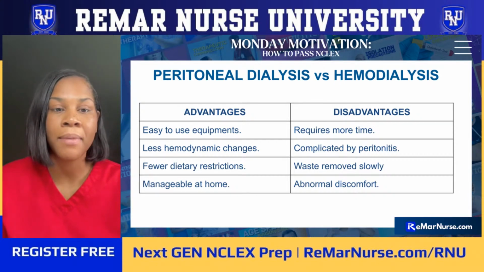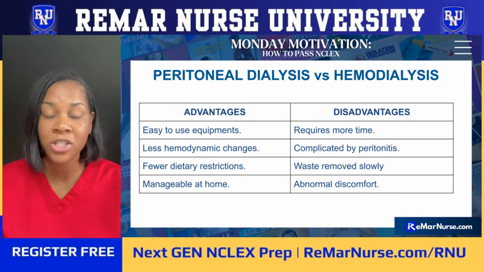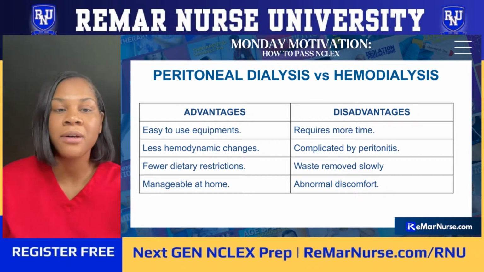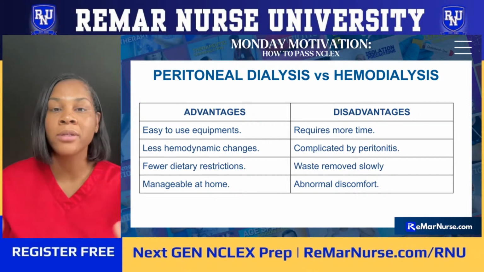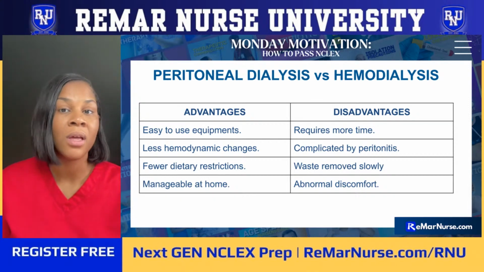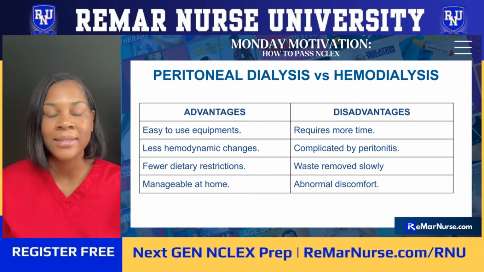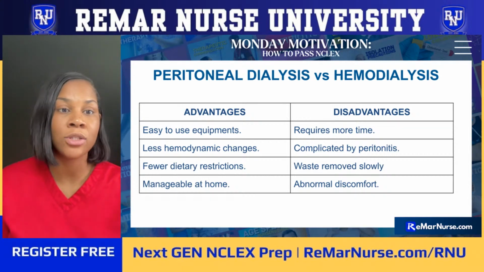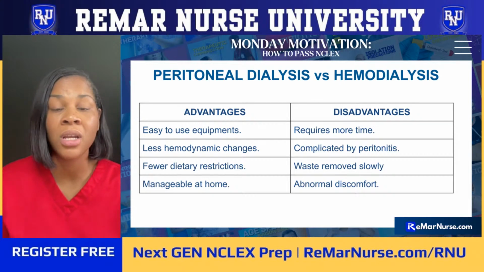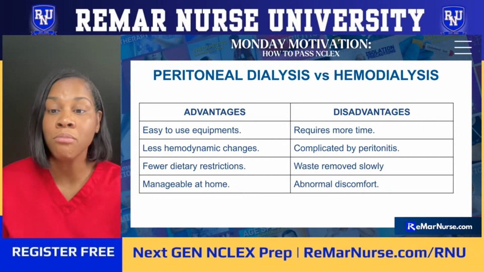Now, let's talk about the advantages and disadvantages. Again, for peritoneal dialysis, when compared to hemodialysis, another advantage is that it requires, of course, less equipment. Patients are able to do it at home. They're able to manage it. You have less hemodynamic changes because the process is not done so abruptly with a machine. It is done through osmosis.